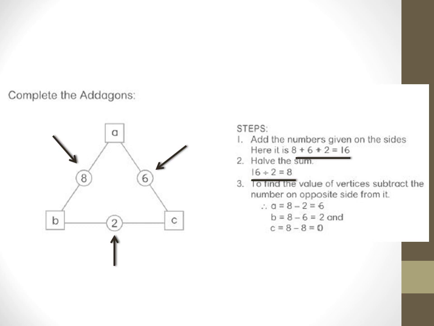Now, to find the value of the vertices, subtract the number on the opposite side from it. That means A will be 8 minus 2. Why? 2 is the side opposite to A. So we will subtract 2 from 8 and we will get A equal to 6.